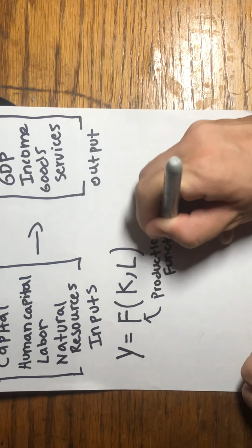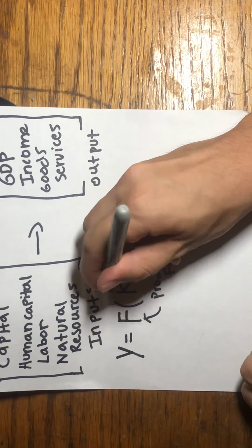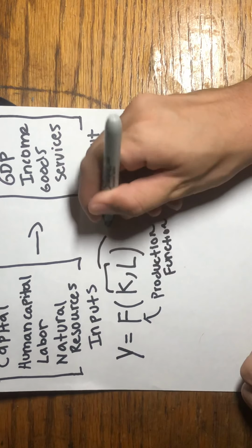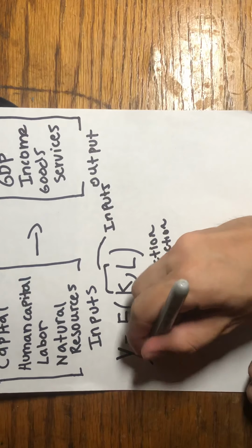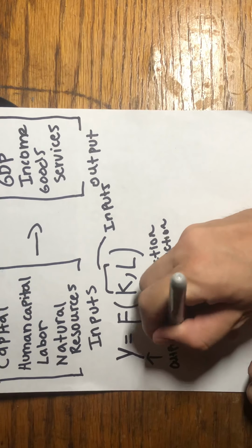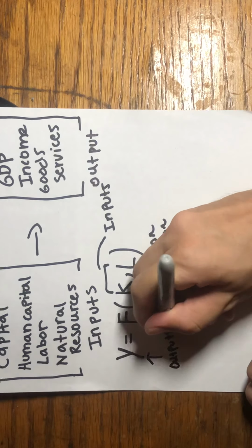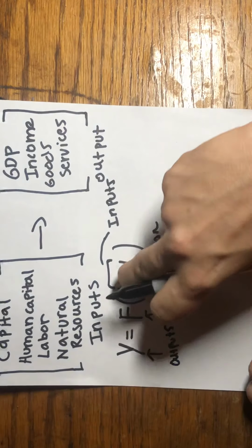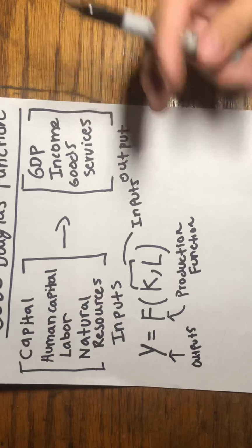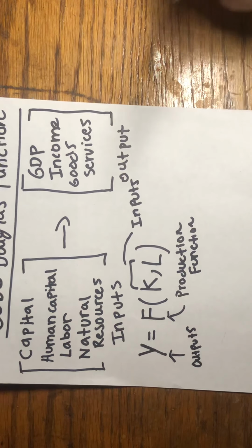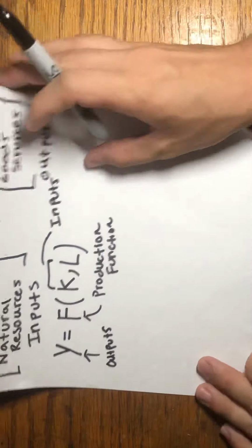We have our inputs, and then we have our outputs. So essentially, we have the inputs going into our production function, which generates our output, measured in terms of GDP, income, goods, and services. Okay?